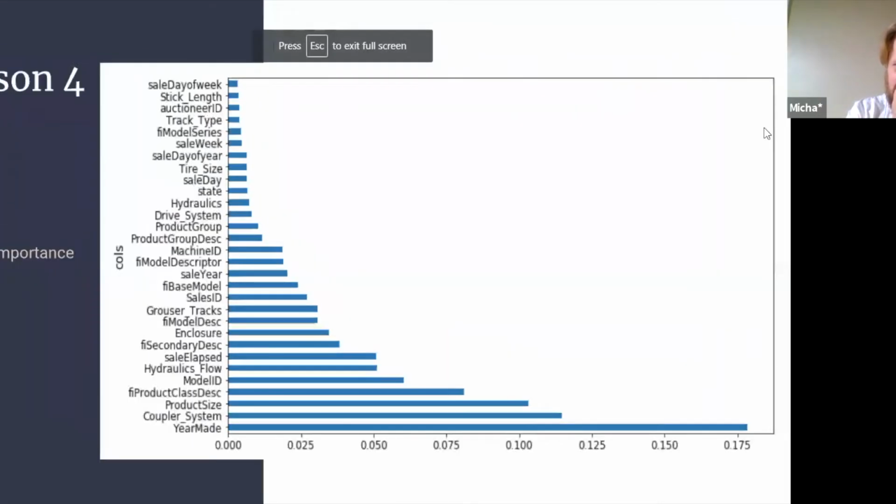And then he started on feature importance. Once we have our model, our random forest, how do we know which features are the most important? He's using the Fast.ai library for that, and with that graph we can see that in this case YearMade is the most important, and then the rest follows.